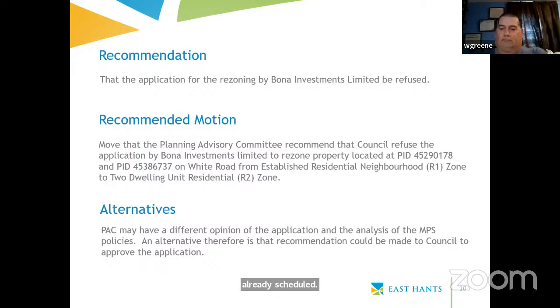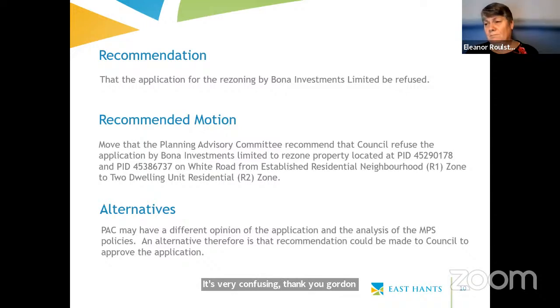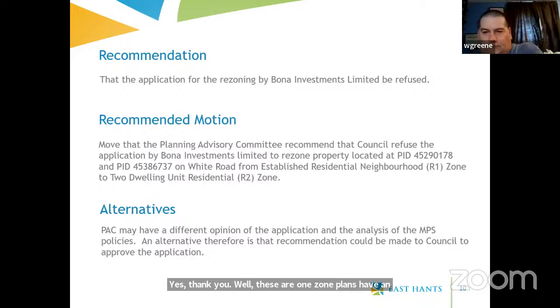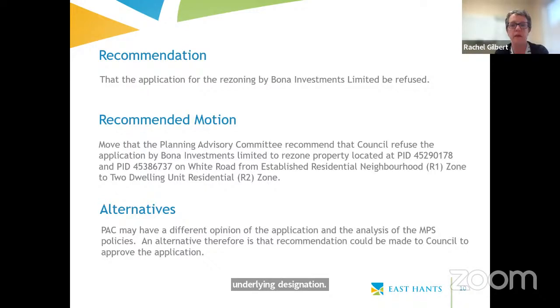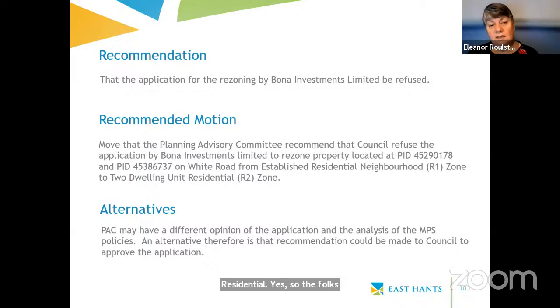Gordon Rolston? Yes, thank you. Well, these R1 zoned lands have an underlying designation, correct? Yes, they do. And is that underlying designation established residential? Yes. So the folks who built the communities in that area and who have homes there now, in my opinion, would be expecting R1 established residential 1-unit homes on those properties.